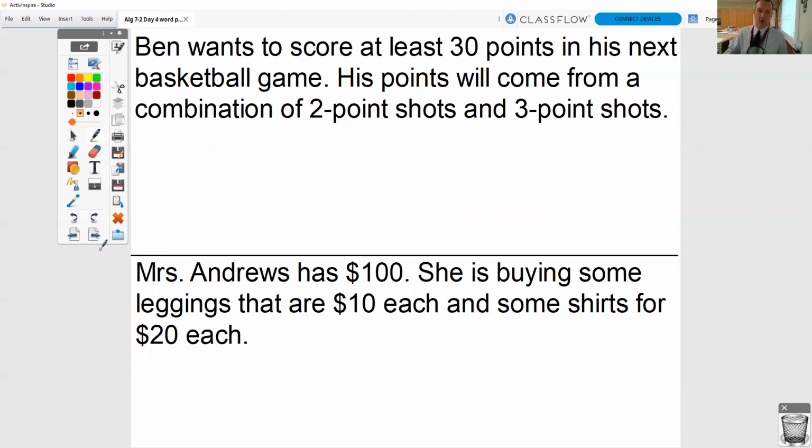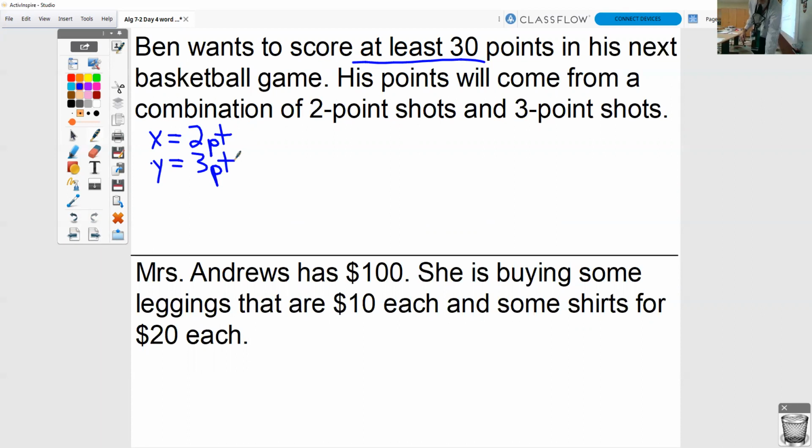So let's take a look at this first one. We're just going to define our variables and then set up equations. Ben wants to score at least 30 points during the basketball game. His points will come from a combination of 2-pointers and 3-pointers. We're going to let X be the 2-point baskets, and Y be the 3-point baskets. 2-pointers are worth 2 points.